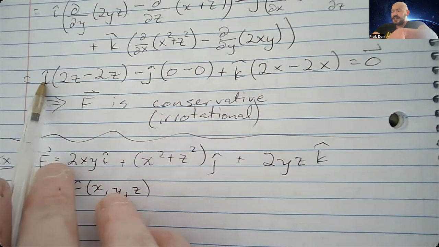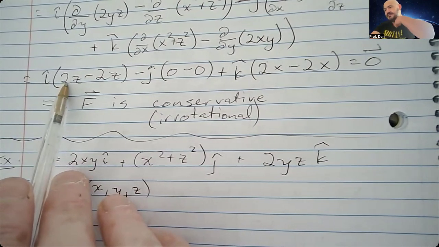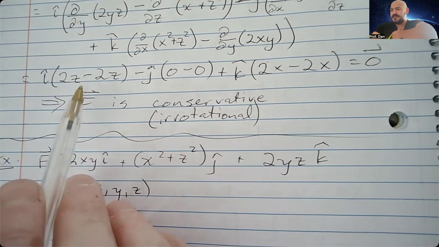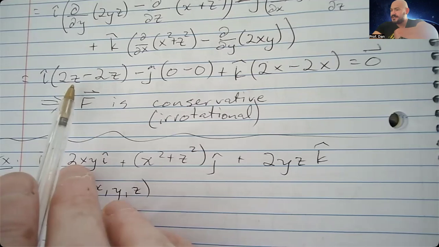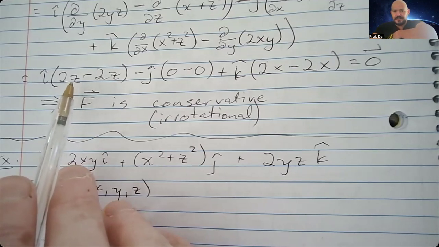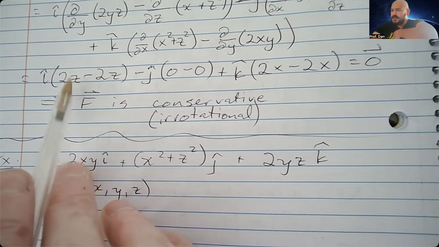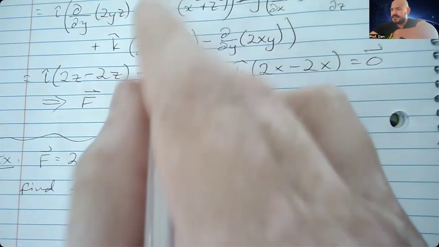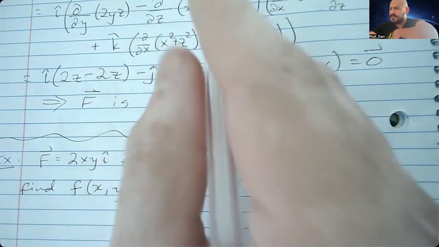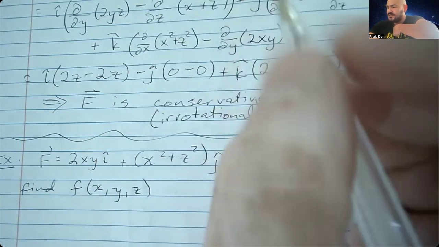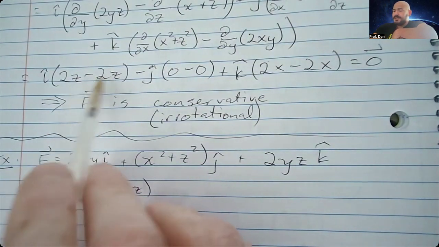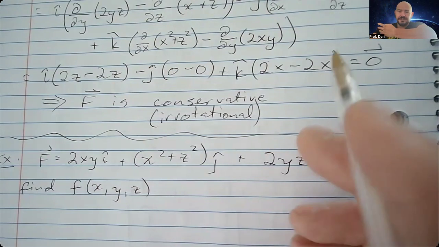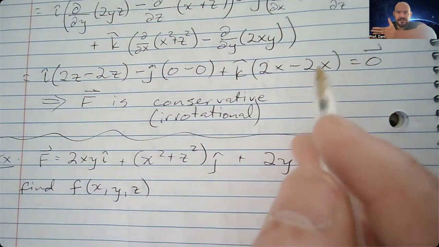But anyway, for the curl to be 0, a bunch of these mixed partial derivatives actually have to be equal to each other, right?